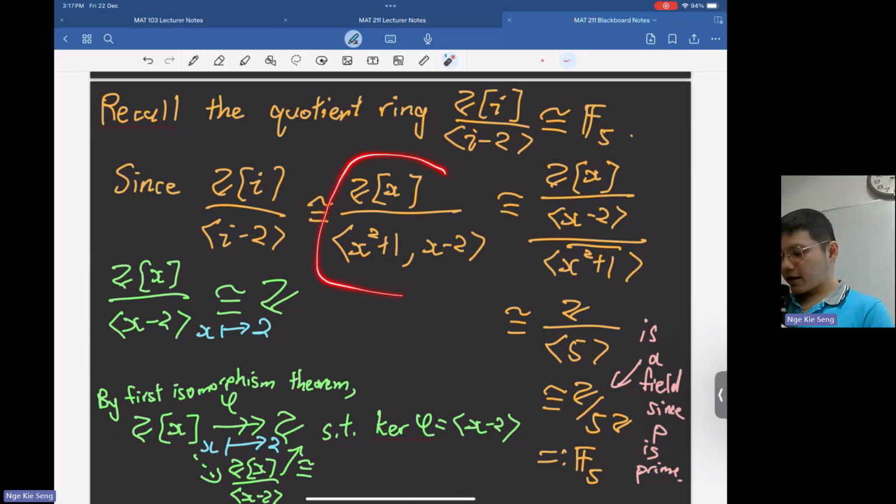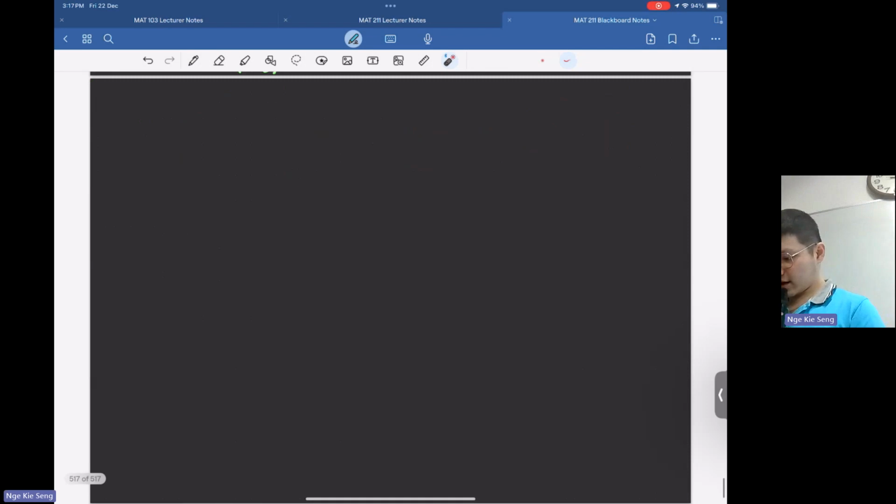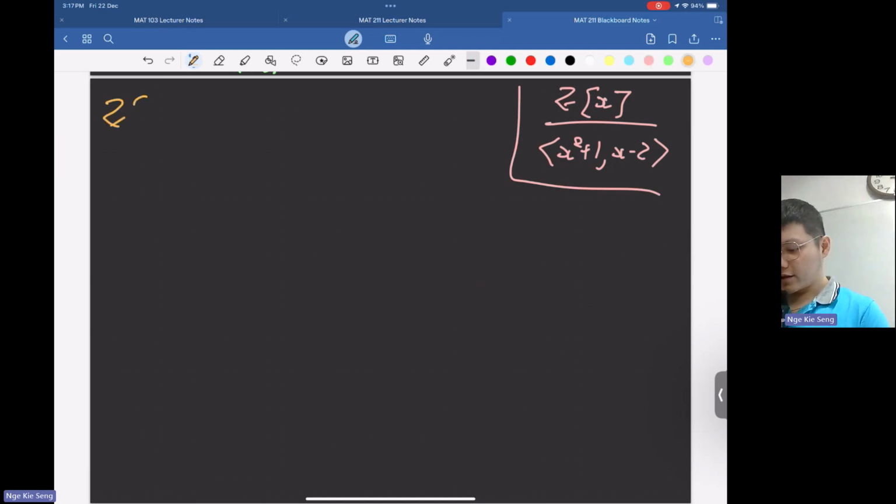So I will start by looking at this guy here, Zx over x squared plus 1, comma x minus 2. Let's keep this ring in mind. We start one by one. So let's look at Zx first. What is Zx? A polynomial ring with one variable.